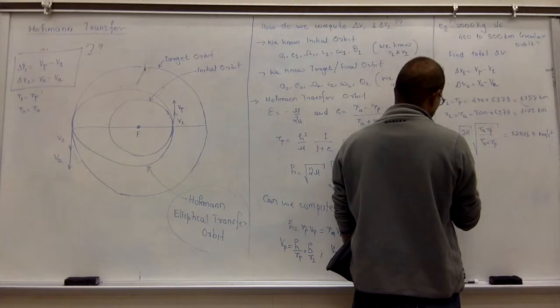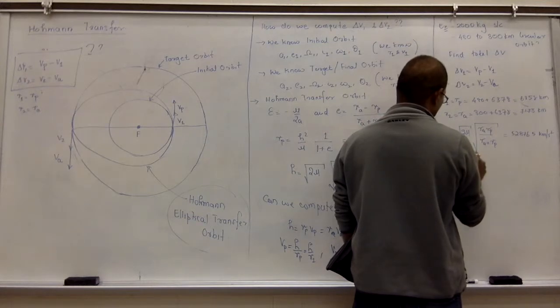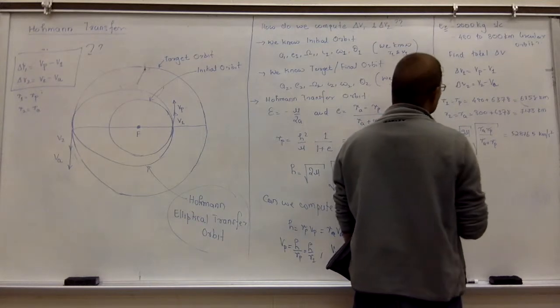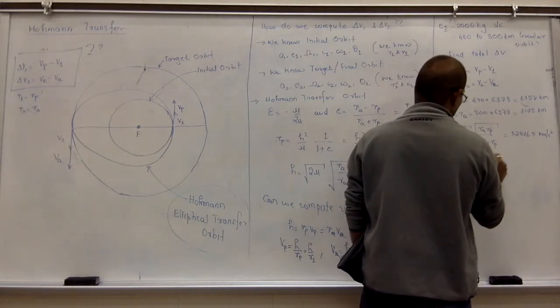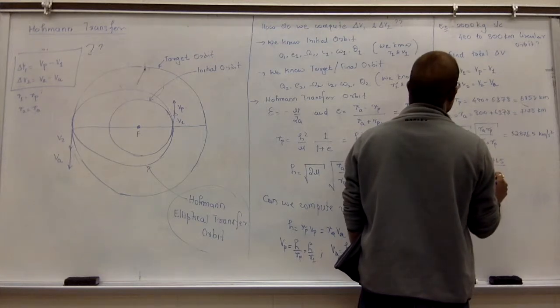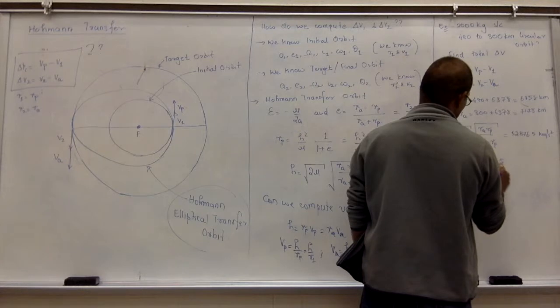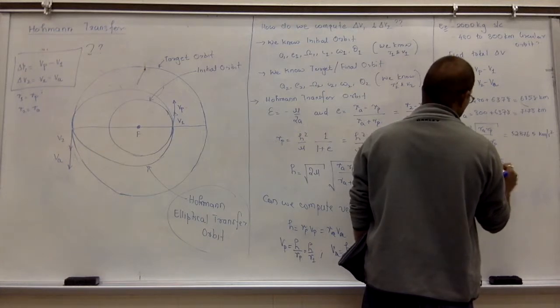H over RP is VP. So what you're going to get is 52,876.5 divided by RP, which is 6858.